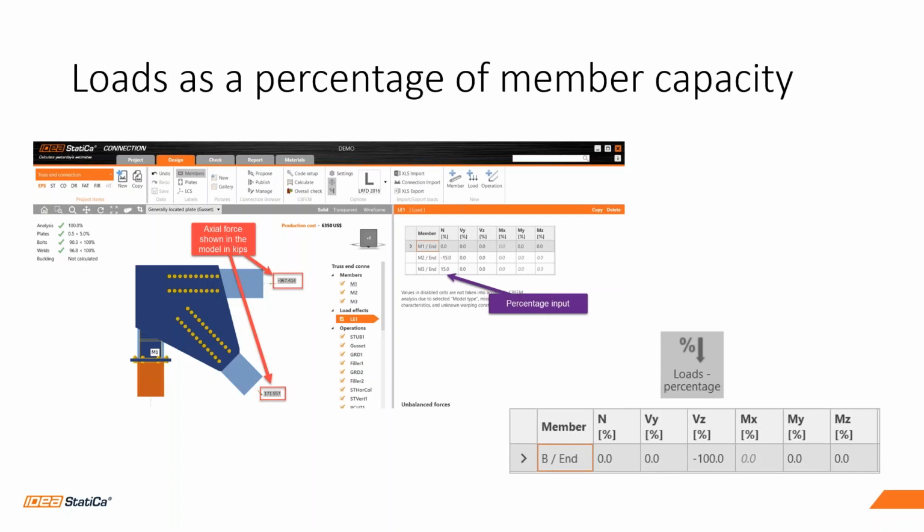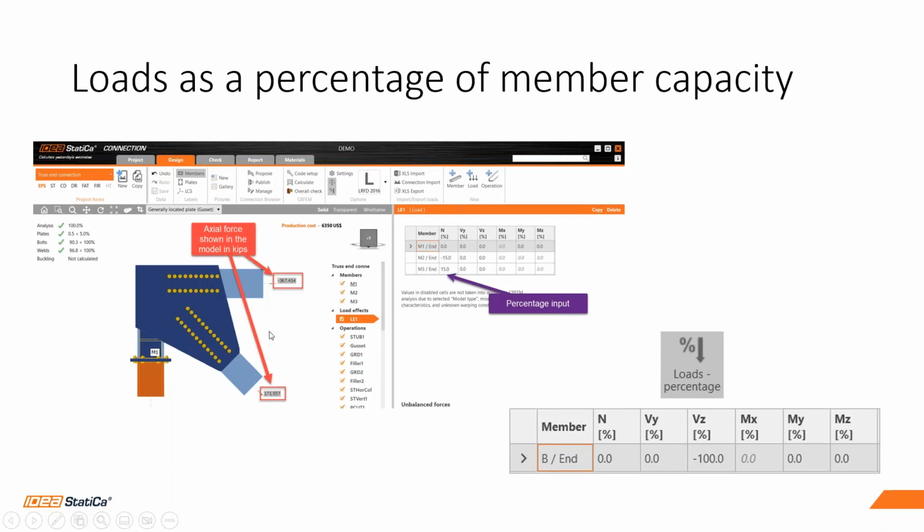So IDEA has this option to, instead of inputting forces as kips or kip-feet, put a percentage. That means that you're loading your model in terms of the member capacity. Okay, so for instance, here you input for M2 and M3 50% of the actual capacity of that member.